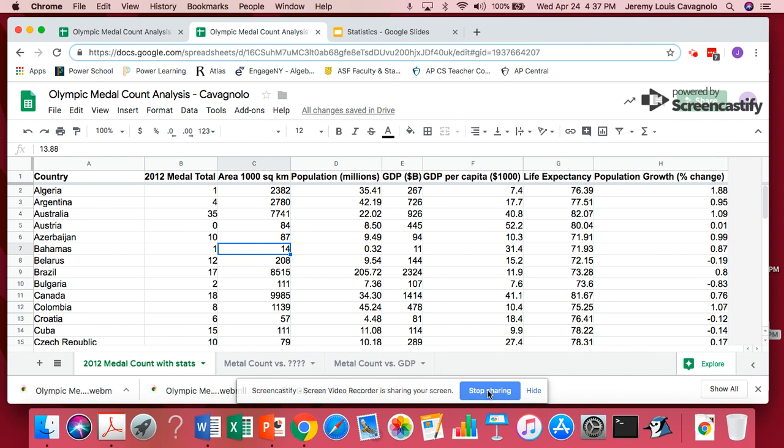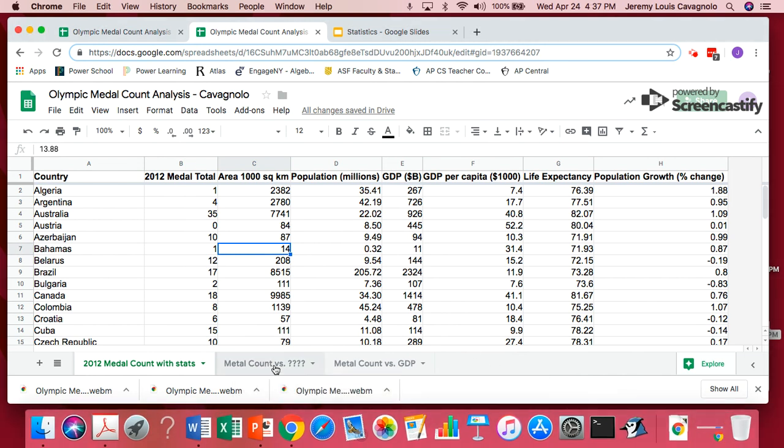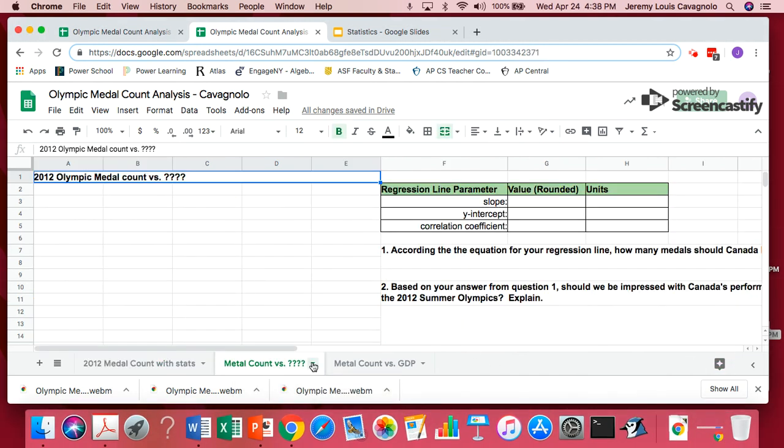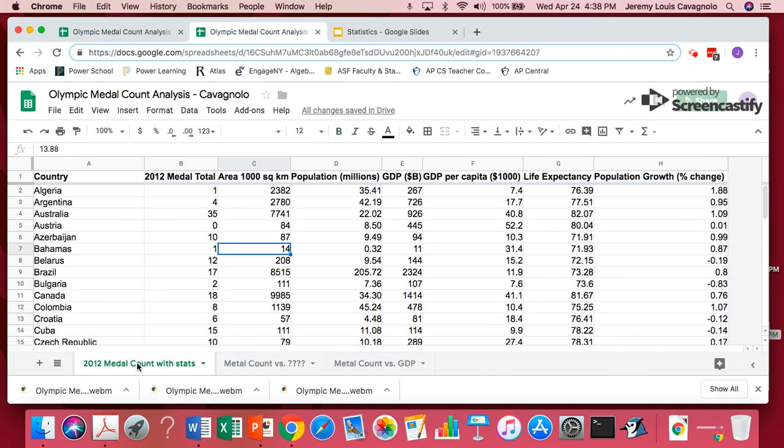So you can make another copy or duplicate this sheet, and just as we did in the first video, copy other sets of data, and figure out if there is a correlation or how strongly correlated these demographics are with the medal count.